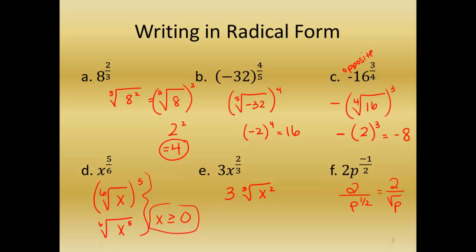That would be fine, but more importantly, we need to make sure we recognize that p has to be greater than 0. And the reason it's not equal to, as it was in D, is because you are able to take any radical of 0, but this has the restriction of not being equal to 0 because it's in the denominator. And even if we rationalize that to 2 root p over p, we still would not be able to put a 0 in the denominator here, so p must be greater than 0.